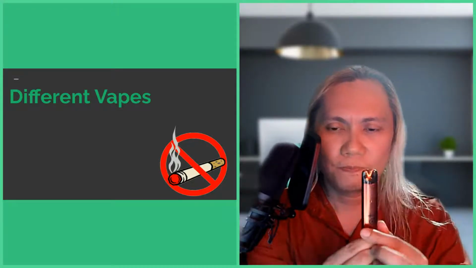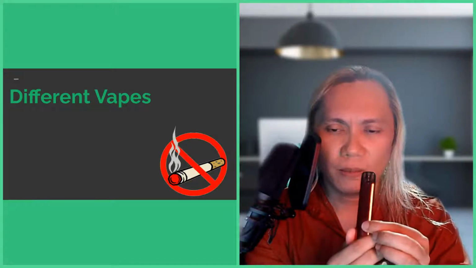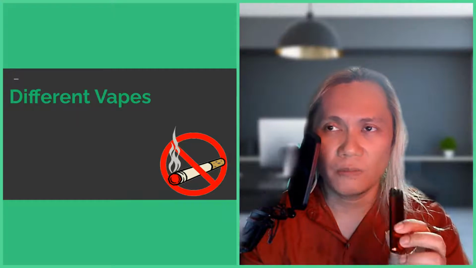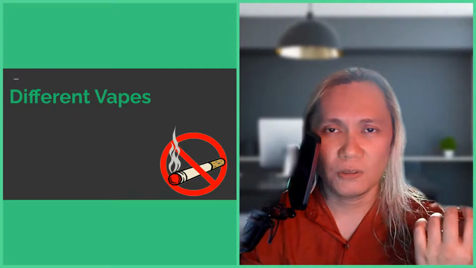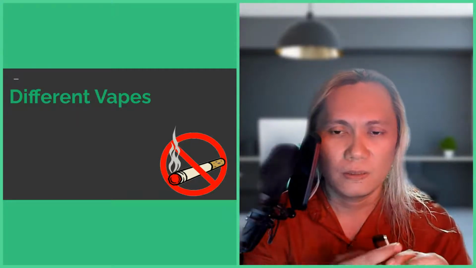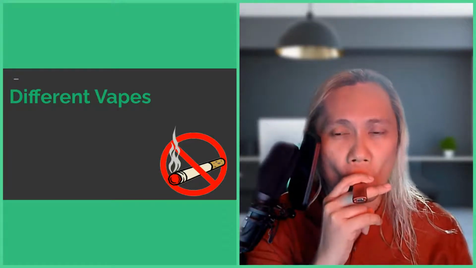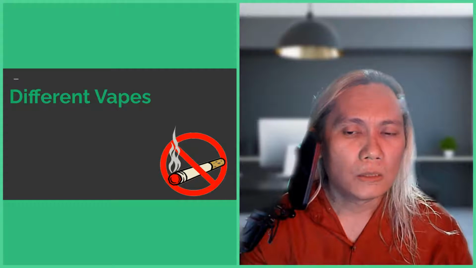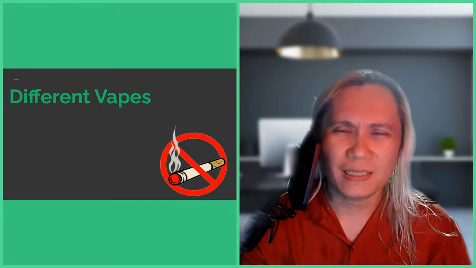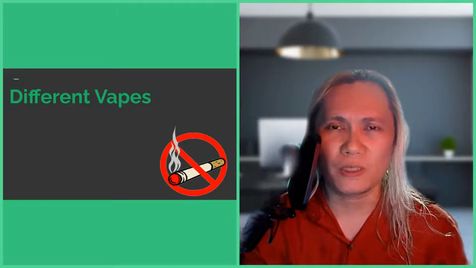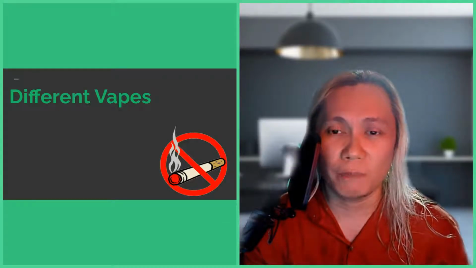Now, this is a typical vaping pen. This is a mouth to lung. Mouth to lung means exactly how you smoke a cigarette. Sometimes I even hold it like this. The clouds, the smoke isn't meant to be big.